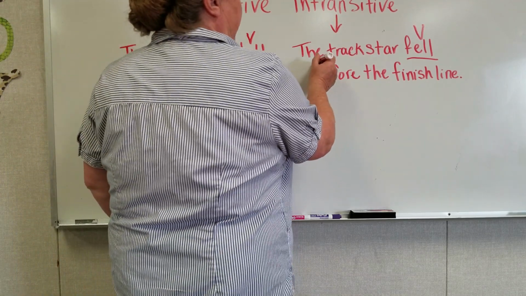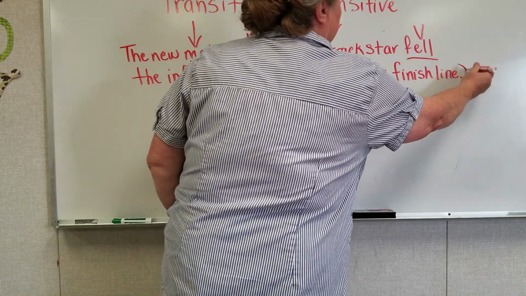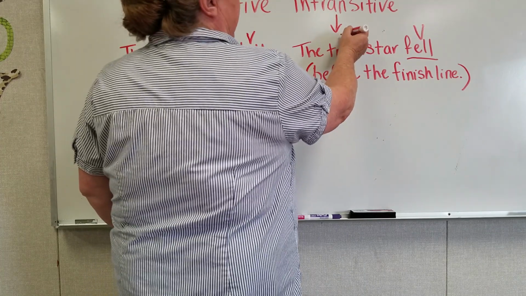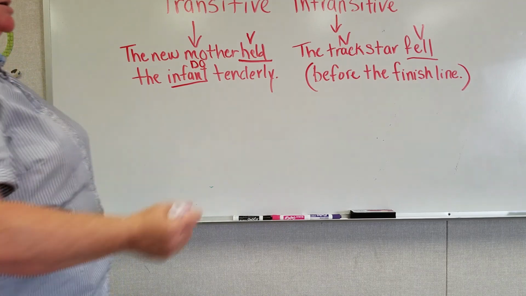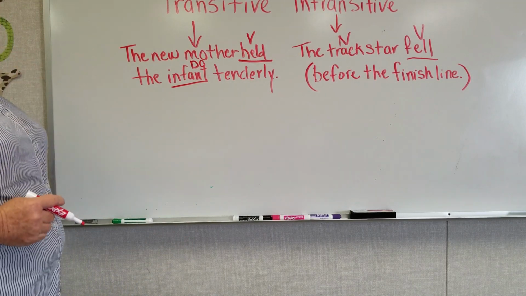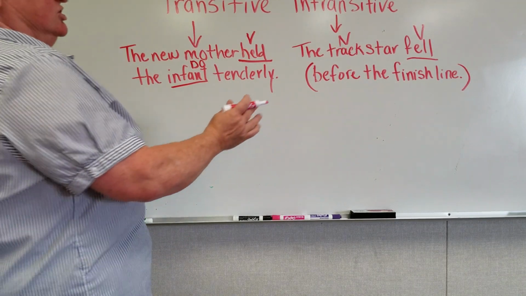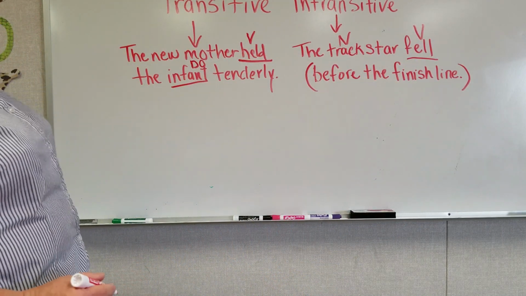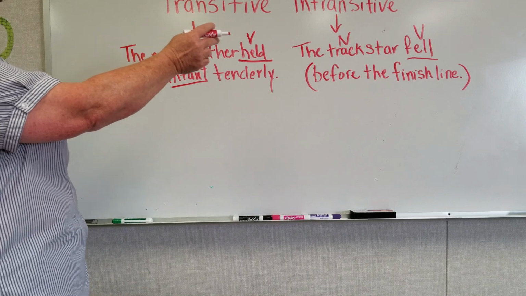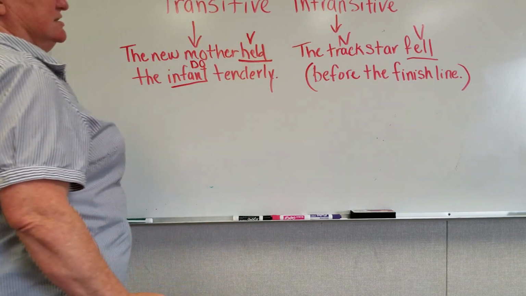Well, here we have a prepositional phrase. So our sentence pattern, noun, verb, stops there because all we have after that is a prepositional phrase. So this action stops right here. It does not transfer anywhere. So this is an example of an intransitive verb.